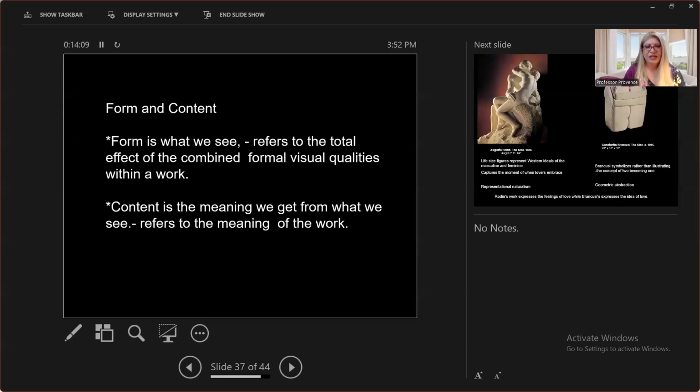And then content. Content is the meaning which we get from the form. Okay, it's the meaning behind what we're looking at. And sometimes through the form, it's easy and sometimes it's not. But I'm going to be asking you guys to give me form and content on top of context as well too. But for right now, let's just focus on these two terms.